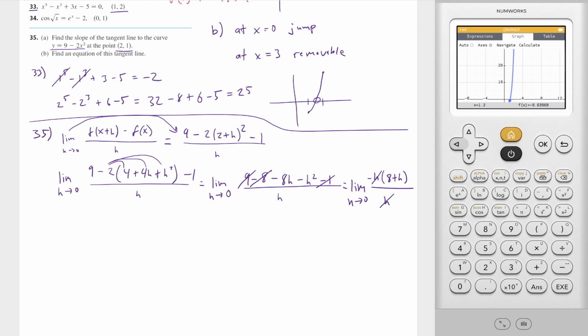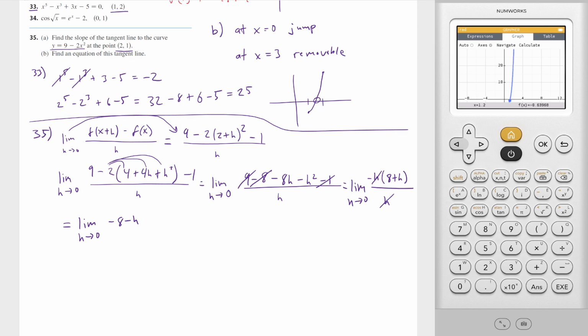Okay, so cancel out, and go on to the next line. This is the limit as h goes to 0 of -8 minus h.